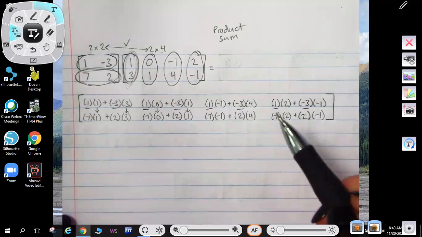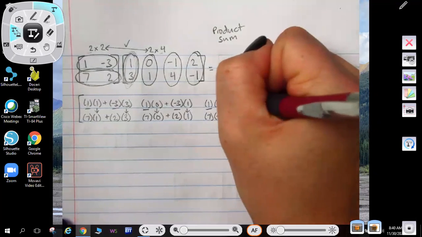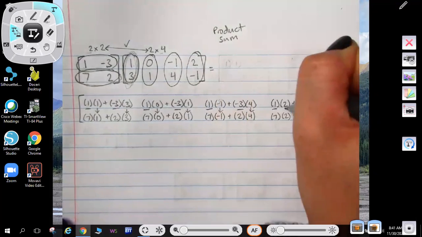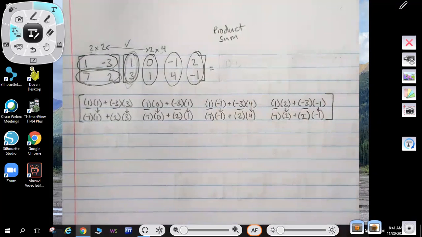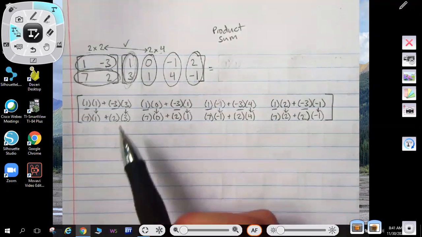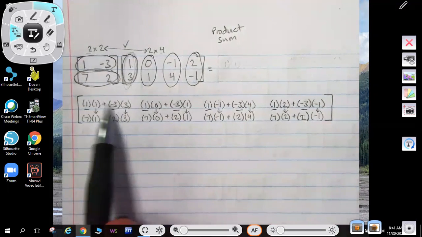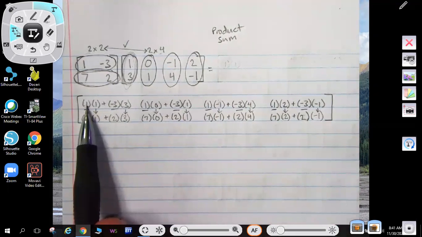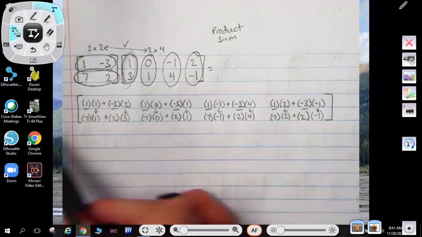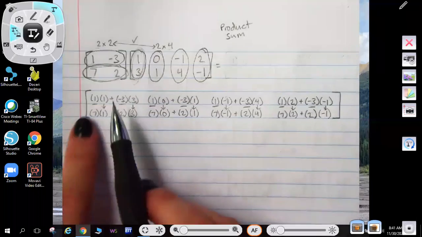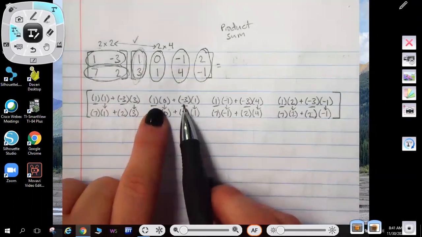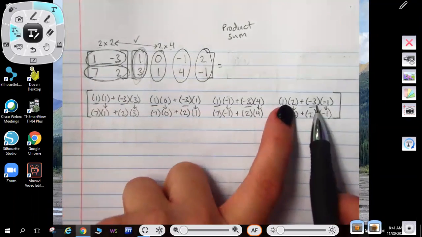Okay, questions about that? I know it's a little bit complicated. The more that you do it and you understand the patterns that you can use to your advantage, it'll become a lot easier. Okay, just know that the first numbers in both of your products are going to match the entire row through, just like 1 and -3, 1 and -3, 1 and -3, 1 and -3.